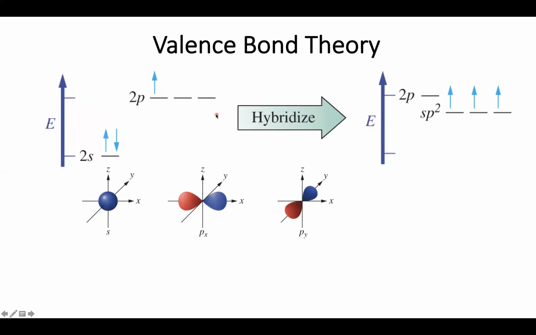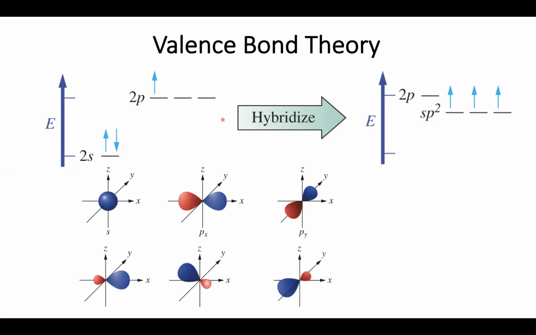And most importantly, all 3 of these orbitals have the same basic structure, same identical energy. The only key difference is what direction they're pointed in. So now I've got orbitals that can undergo bond formation in 3 separate directions.